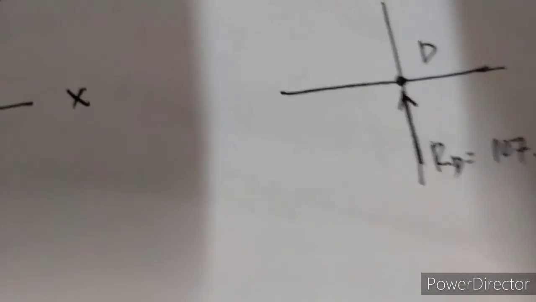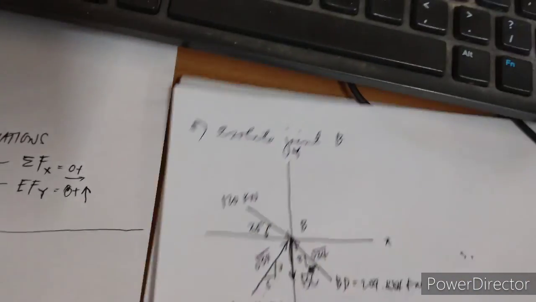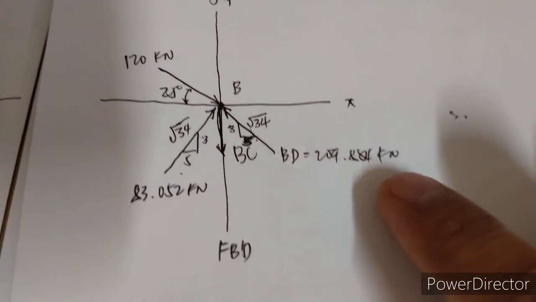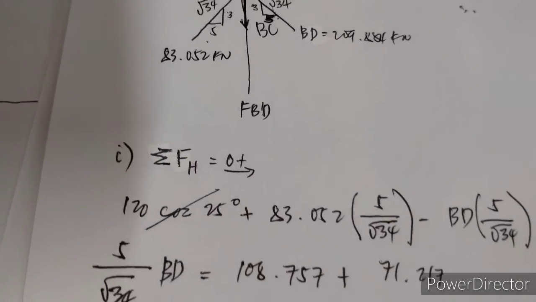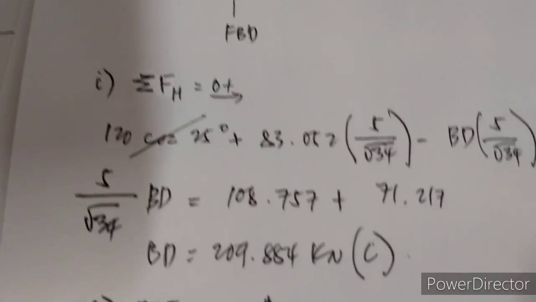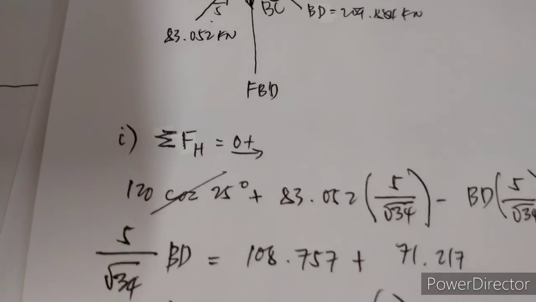And BD is in compression, so the effect at joint D will be compression also. So this is 209.884.